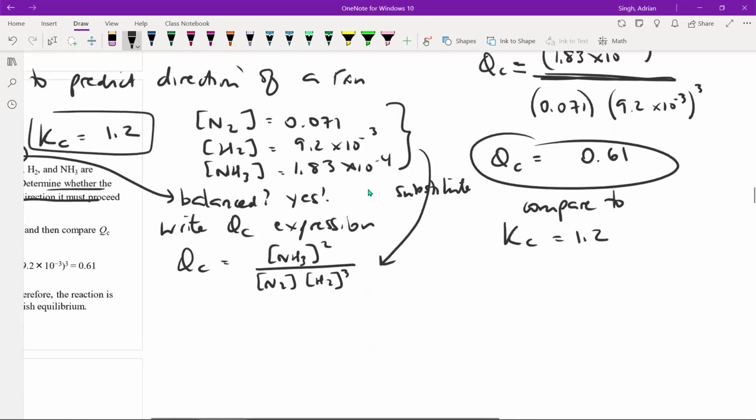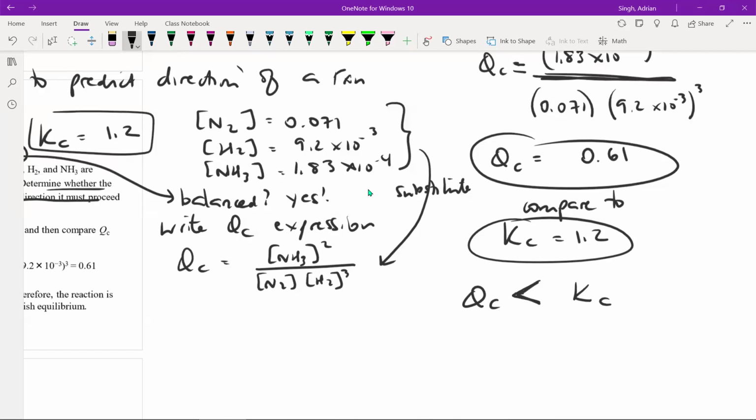So in this simple comparison of numbers, we see that our Qc, our reaction quotient, is less than Kc. That means at this point where we measured Qc, the product concentration was less than what it is at equilibrium.